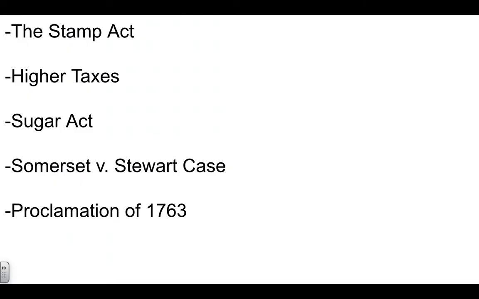There were a few things that mainly happened, and I don't want to explain it here because we may not have enough time, but mainly the Stamp Act, higher taxes, which is pretty self-explanatory, the Sugar Act, and the Somerset v. Stewart case, in which the British actually made a court case and banned slavery.